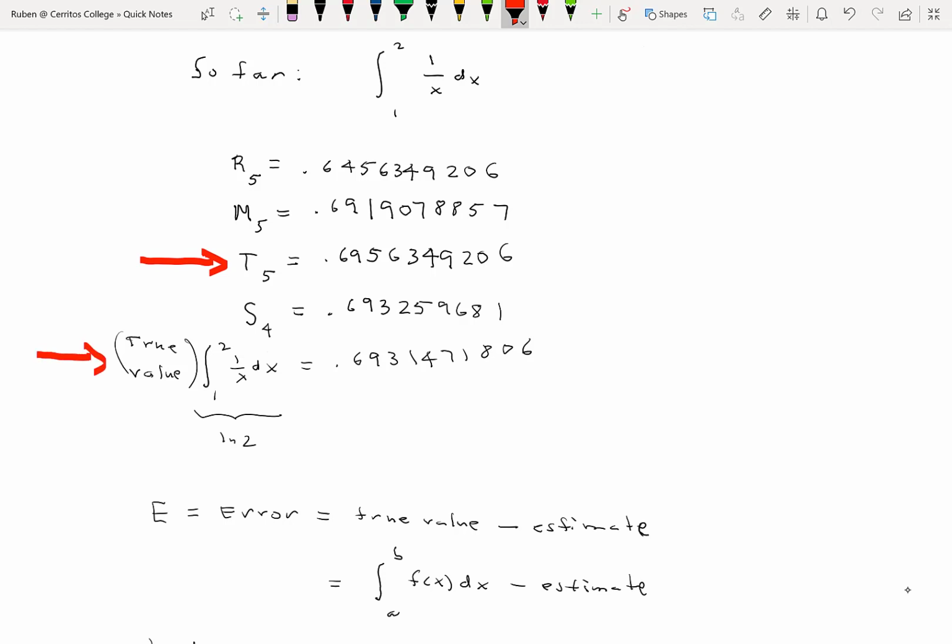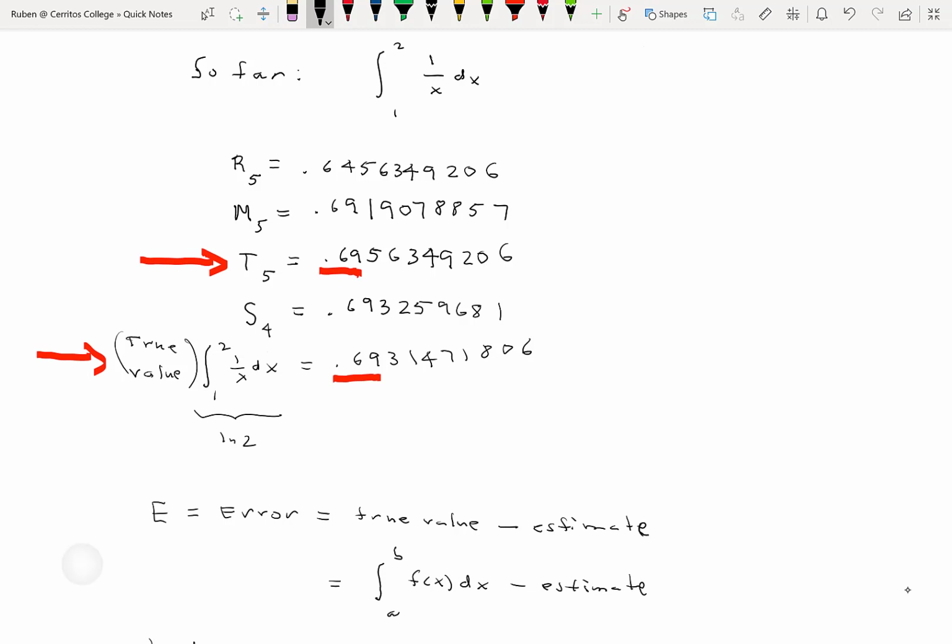The trapezoid rule and the true value agreed with each other to 2 decimal places of accuracy. So this error estimate is bearing true. It's working out for us. And the reason why it's working out so well is we found a really good value of k.